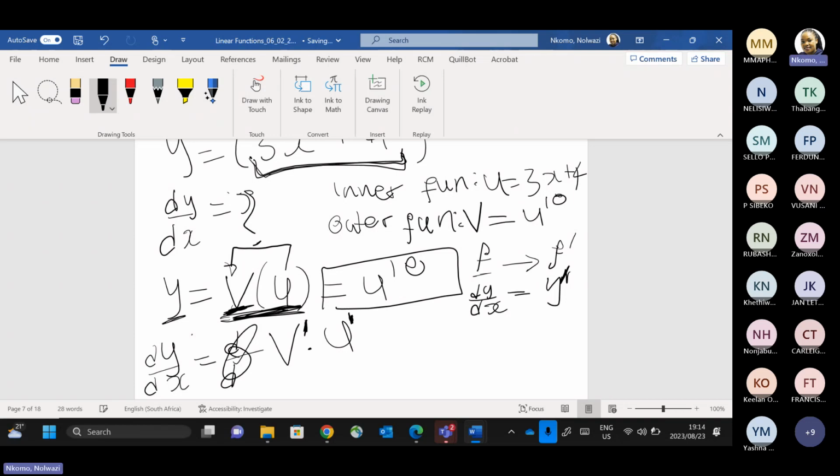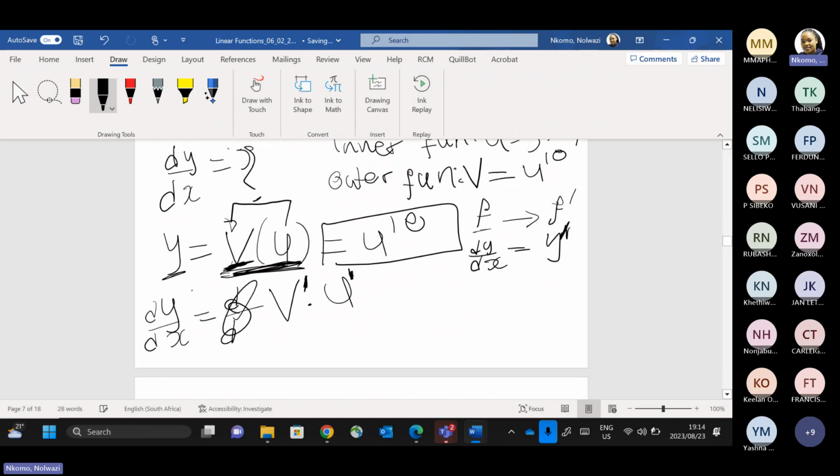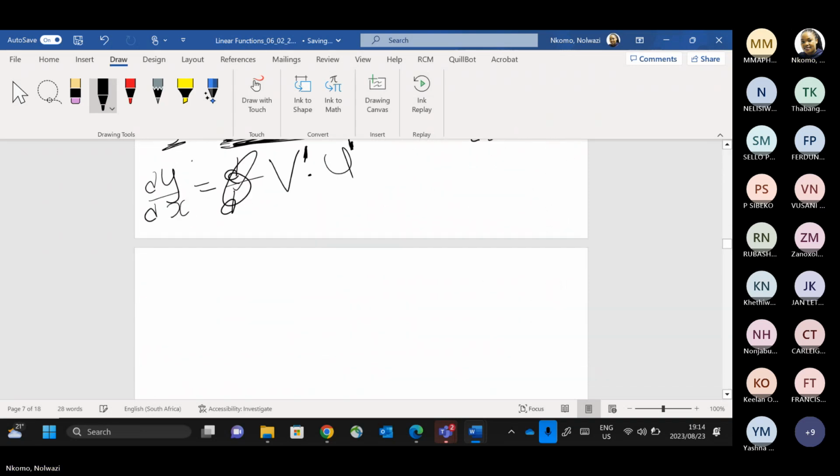We have our inner function u equals 3x + 4, and the outer function v equals u to the power 10, and the derivative is the derivative of this times the derivative of this, right?